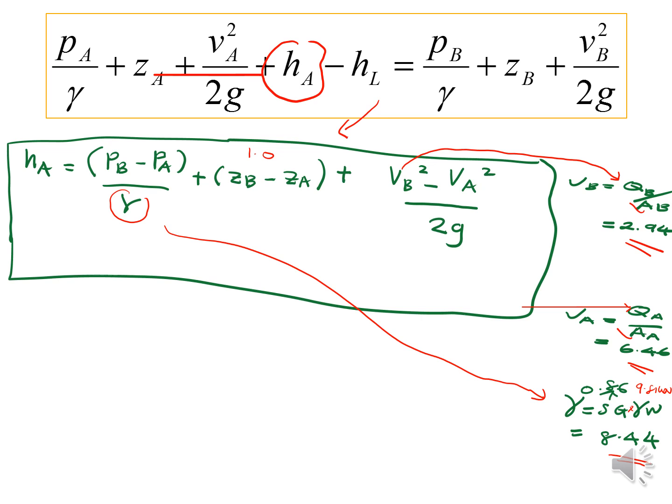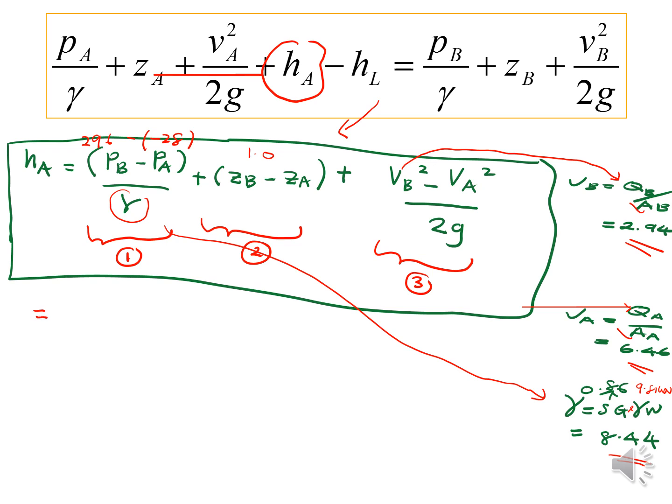As you know, the PB is 296 kilopascal, and we need to subtract the PA, whose value is negative 28. If we segregate the items, like this is item 1, this is item 2, and this is item 3, it will be easier for you to check if there's any error in your calculation.